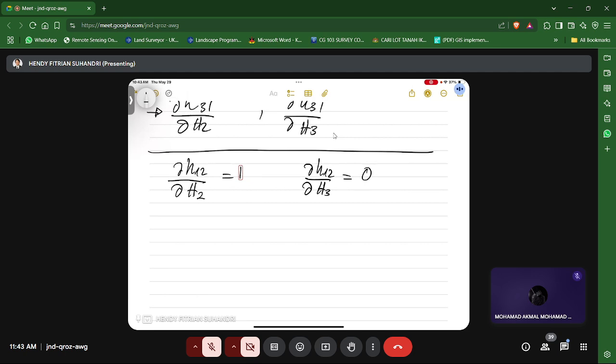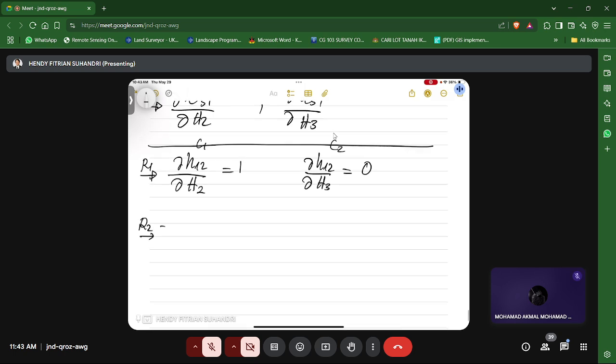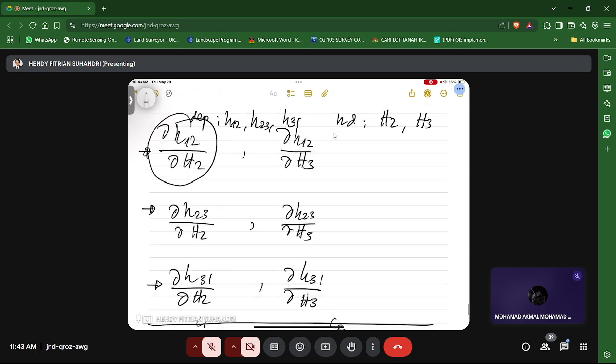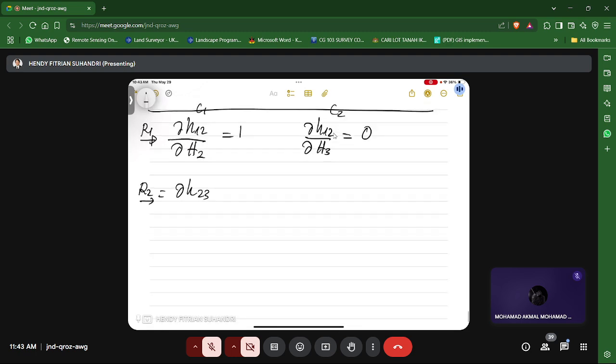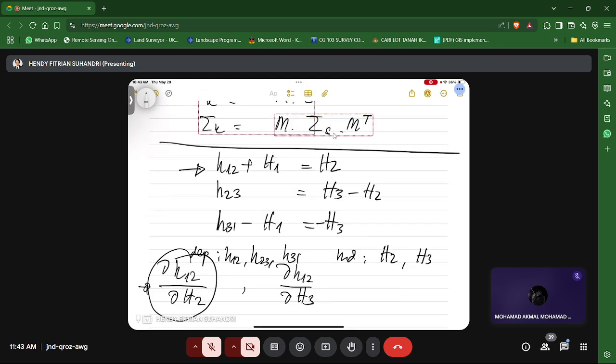Kemudian, untuk persamaan pertama, ini kolom 1, kolom 2. Ini row 1. Untuk row 2, persamaan kedua adalah do H23. Perhatikan di sini. Do H23 diturunkan terhadap H2 adalah negatif 1, sebab bertanda negatif depan H2 tu.